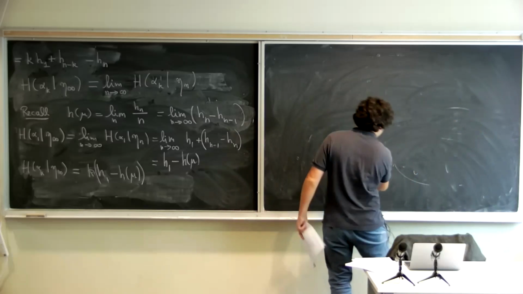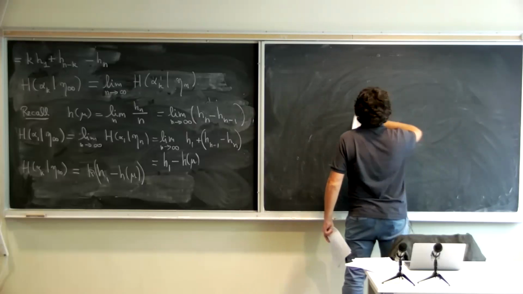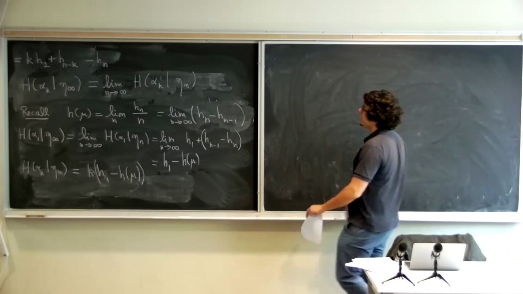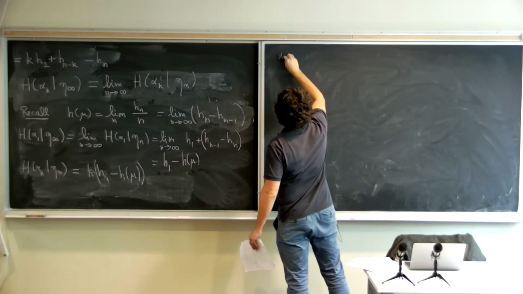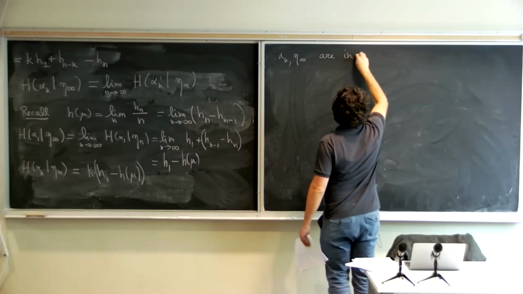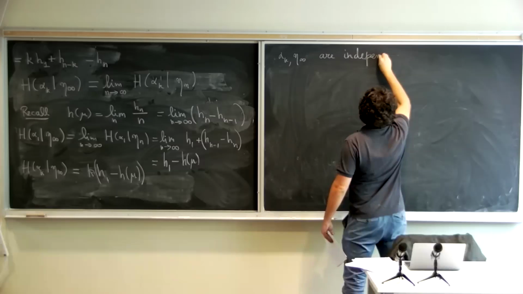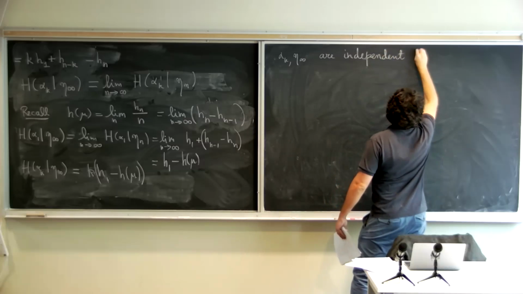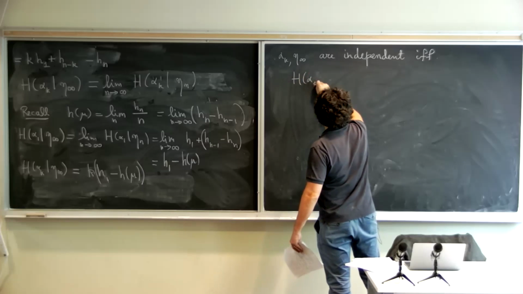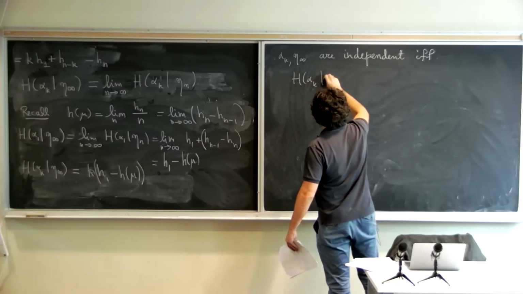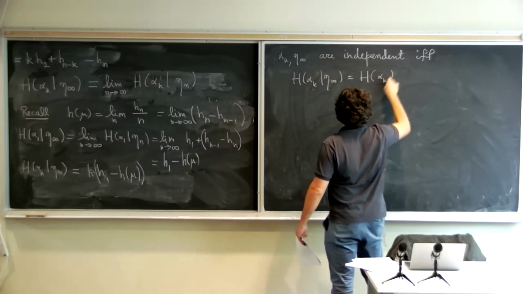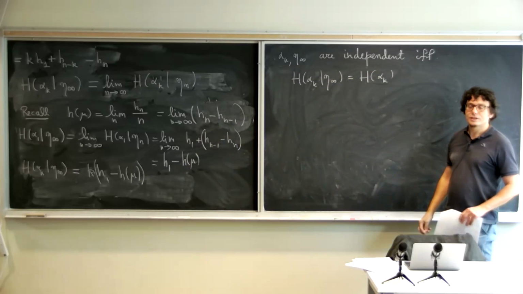And now we go to check the independence. We say that alpha k and eta infinity are independent if and only if H of alpha k given eta infinity equals H of alpha k. We said this.